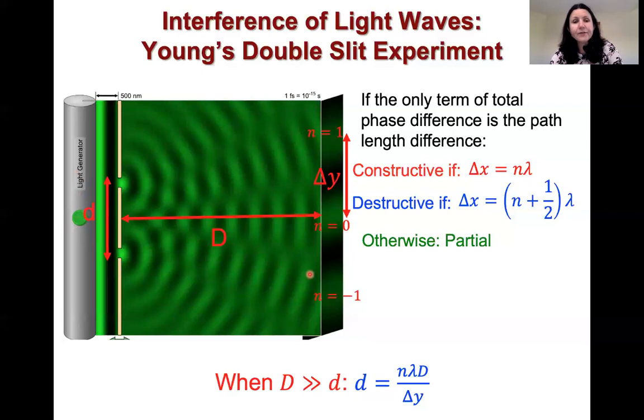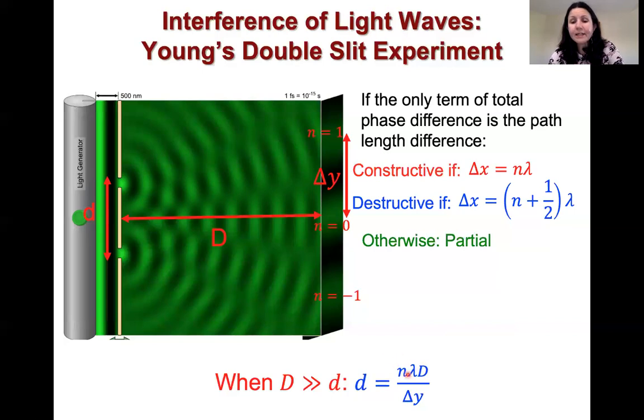Here with the simulation, you could see that this approximation would not be very accurate, because this distance is not much longer than that distance, so you can't exactly use this equation. What you're asked to do in the FNT is use this equation and think about why you're not quite getting the right answer.